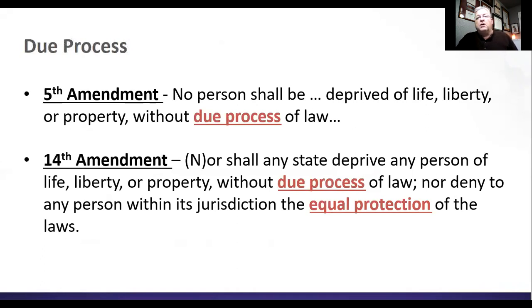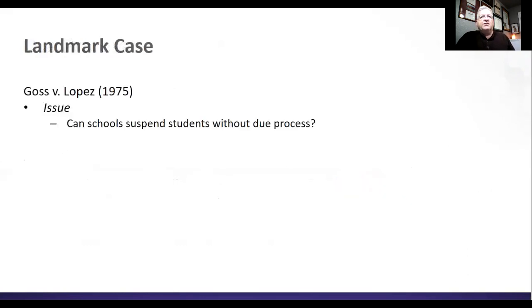But what we're going to talk about, and how it pertains to us, and maybe is the single most important thing that you'll learn in this entire class, is this whole idea of due process and the importance of providing students due process.